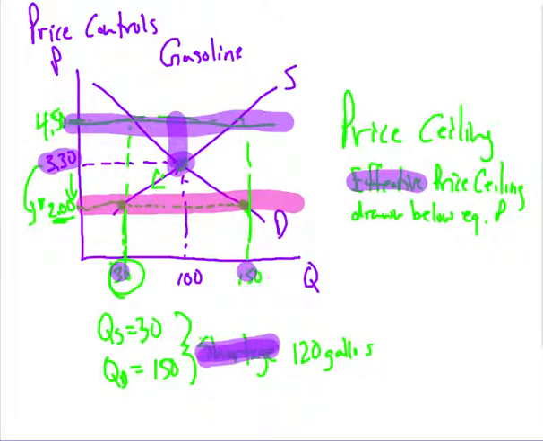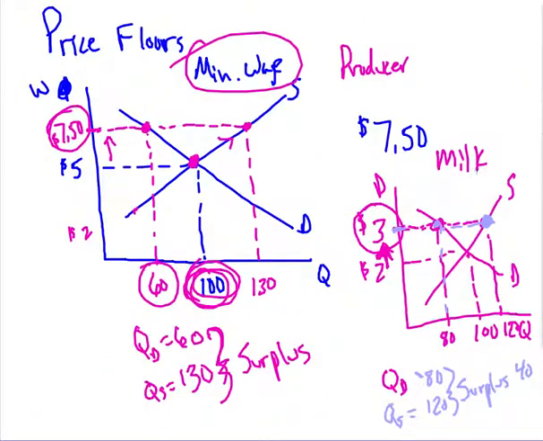Now, as you can see on the other graph, the price ceilings were drawn on the floors, below the equilibrium rate, and price floors we draw on the ceilings. This would be an effective price floor, and I say effective again for the same reason as on the other page.